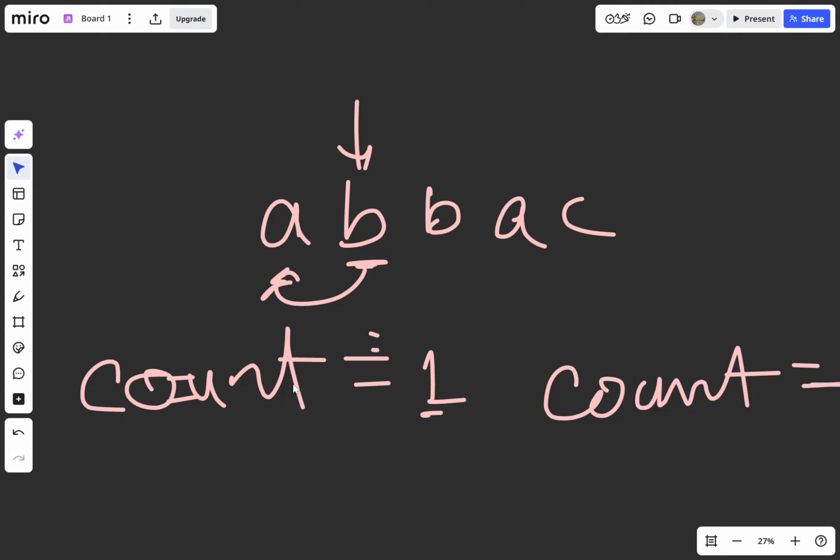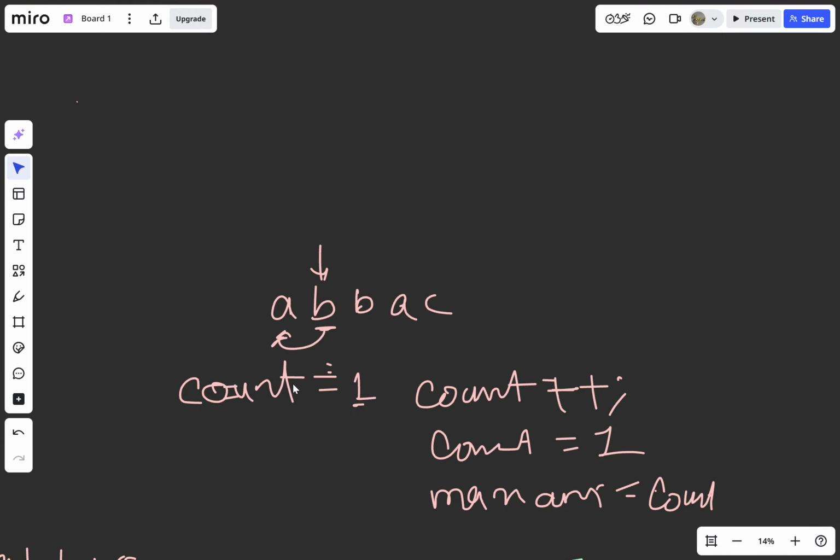Otherwise we set count equal to 1. And we update our answer with the count.